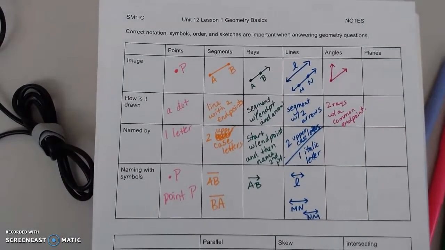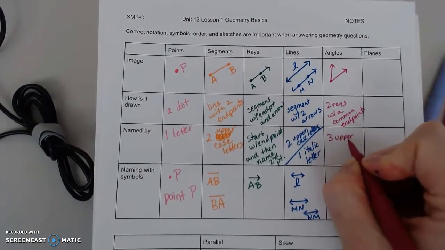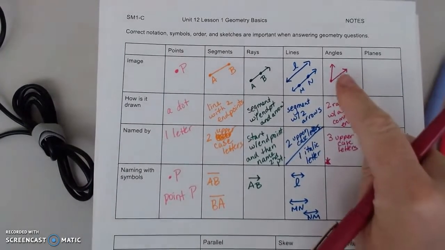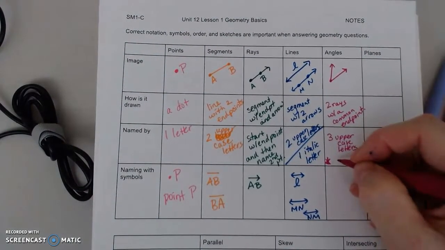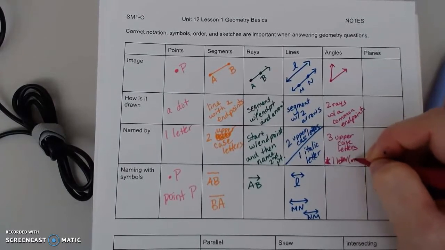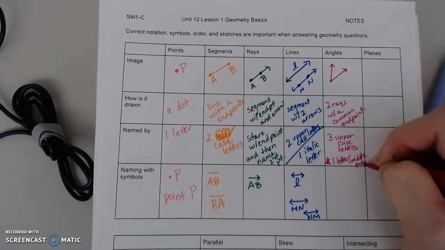We name it, there's two different ways. So we either use three uppercase letters, or this is where it gets tricky. So I'll put a little asterisk here. If the angle is not touching any other angle and it's all by itself, you can use one letter, and it's the one in the middle that's at the endpoint.